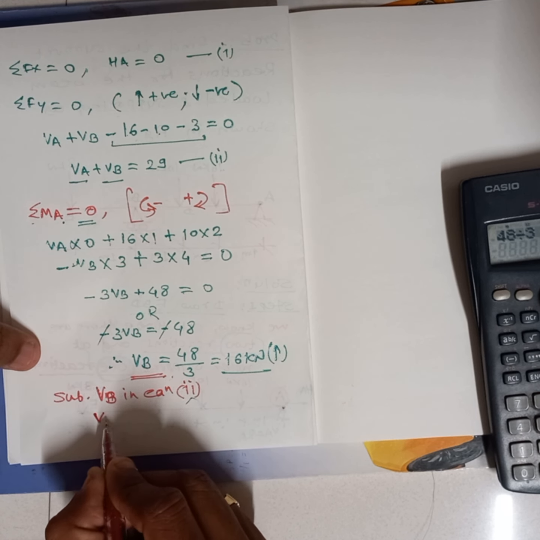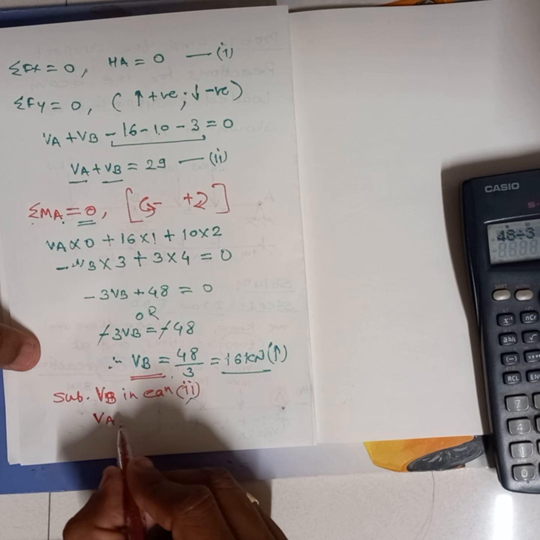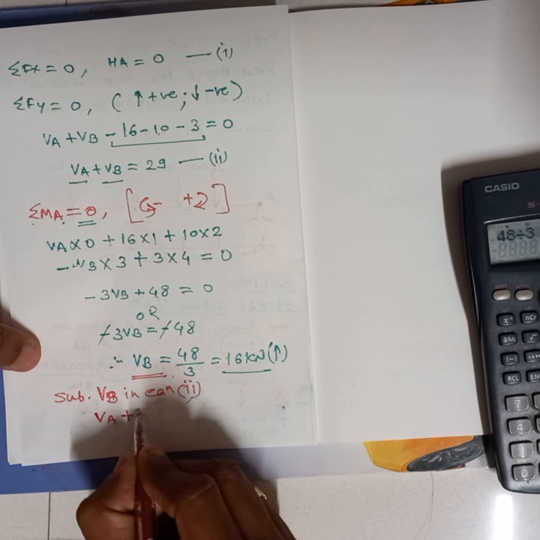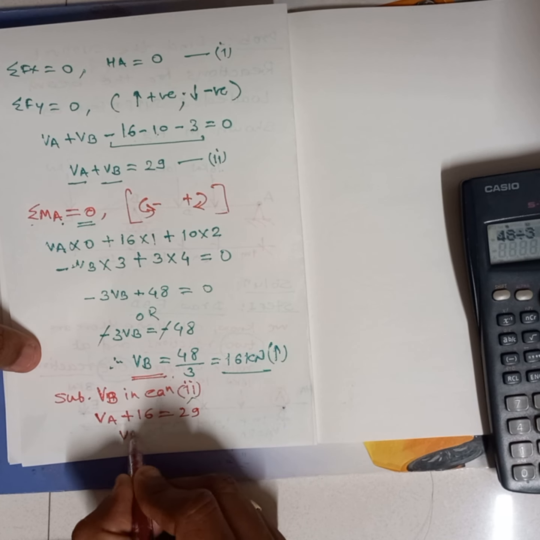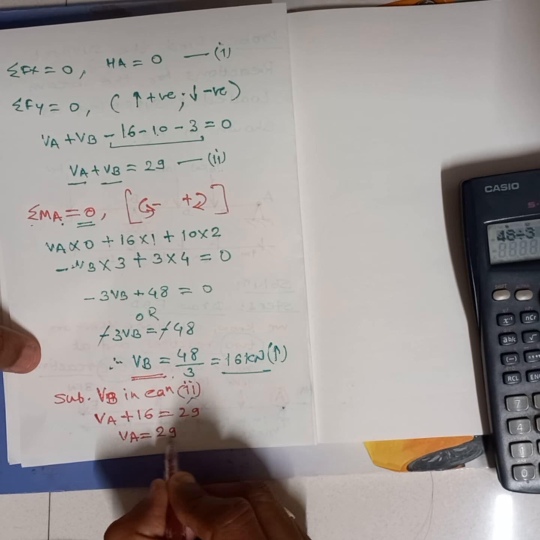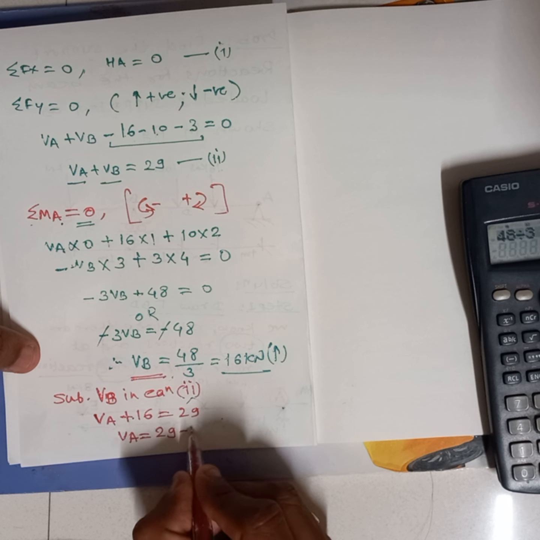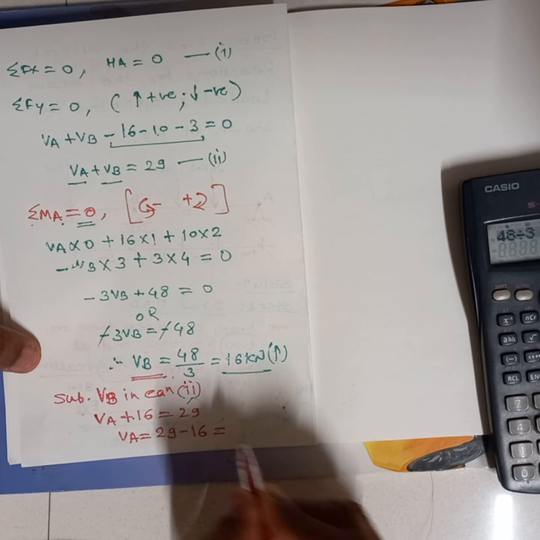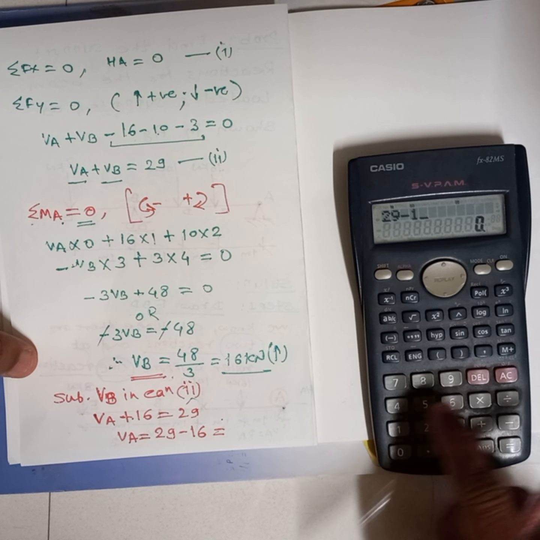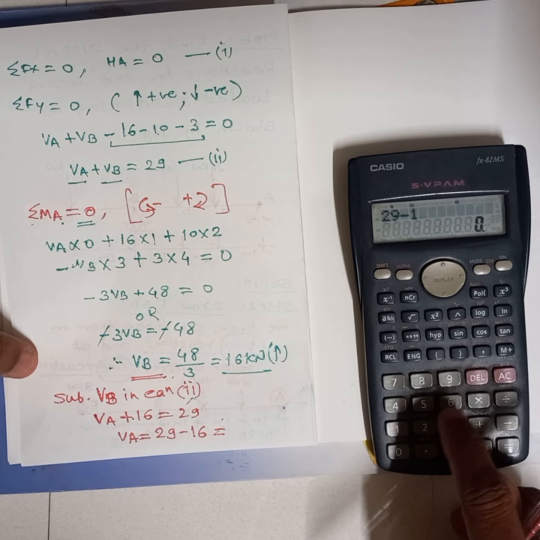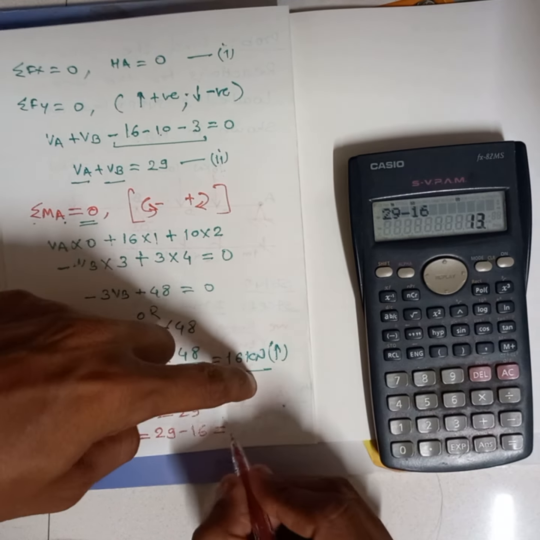So VA आपल्याला काढायचं आहे, VB आपण काढला आहे, प्लस 16 इज इक्वल्स टू 29. सॉल्विंग दिस VA इज इक्वल्स टू 29, हा प्लस 16 इकडे येईल, मायनस होईल, आणि so we are going to get 29 minus 16, so that is 13 kilonewton.